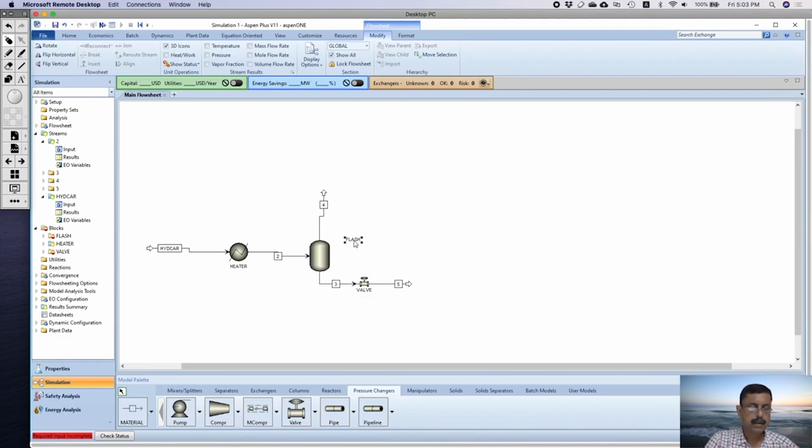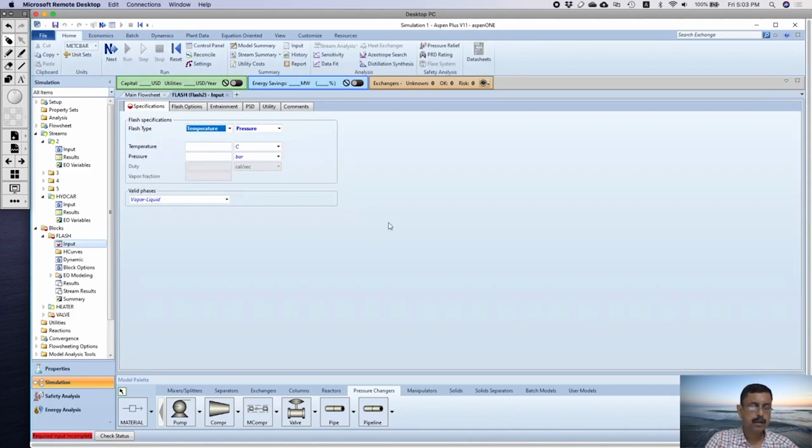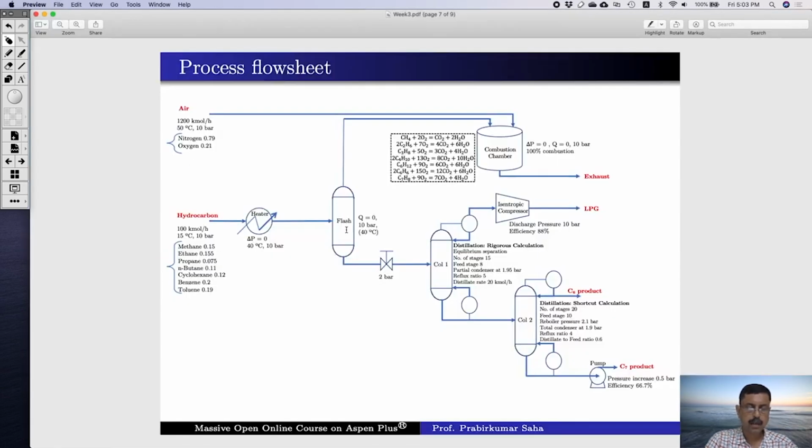Now they are not defined because we have to give the operating conditions in the valve and the flash. So press next. Here the flash input, let us see, there are 3 inputs available. It is adiabatic, there is no temperature loss, heat duty is 0, pressure is 10 bar or 40 degrees centigrade.